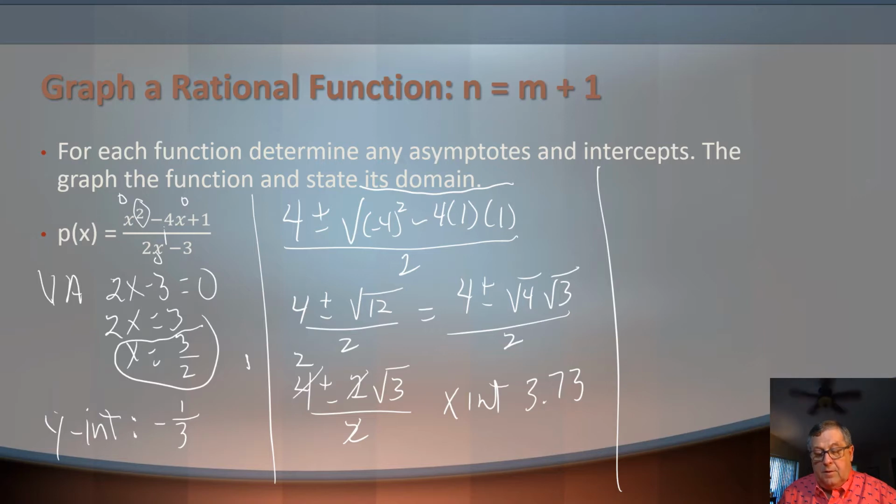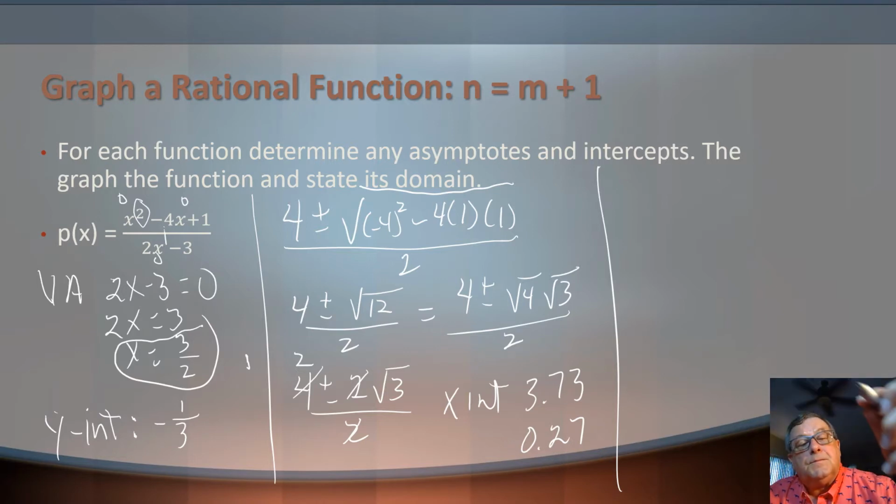And that is 0.27. We're going to round that to the nearest hundredth. So we've got x-intercepts at approximately 3.73 and 0.27. Oh my goodness. Now we've got to do our long division.